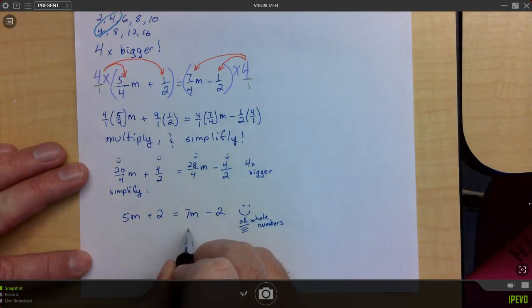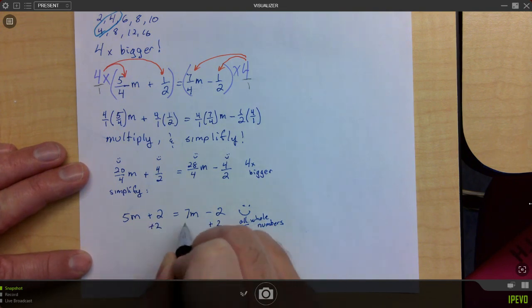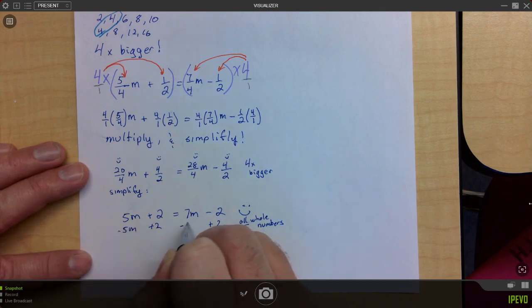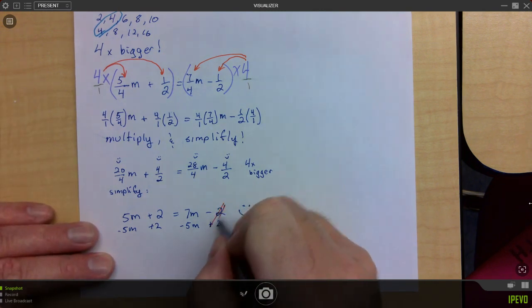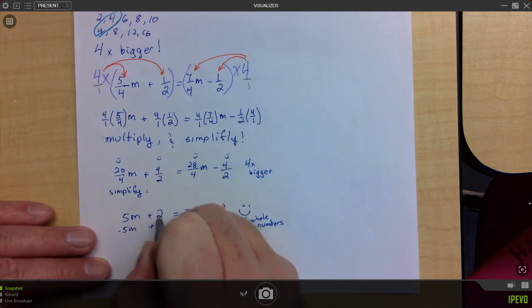All right, we've got to get like terms together. So here's what I'm going to do. I'm going to add 2 to both sides, and at the same time, I'm going to subtract 5m from both sides. What happens? I get a couple of nice 0 pairs. That becomes a 0 pair, and now my constants are all on one side.